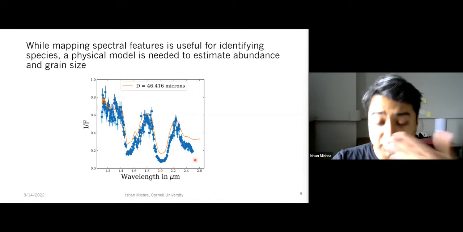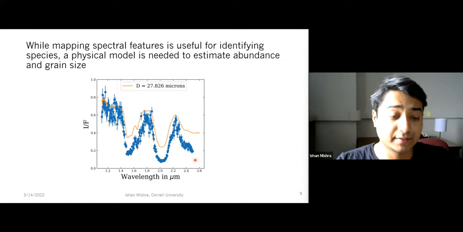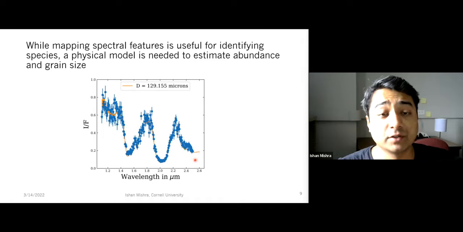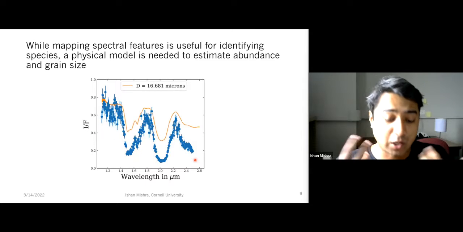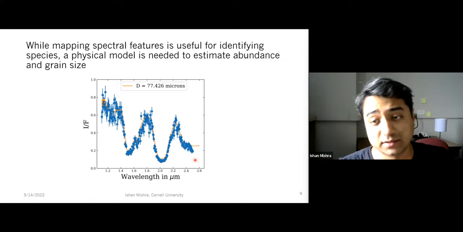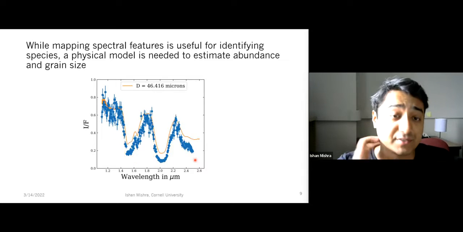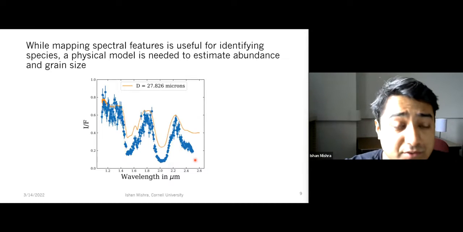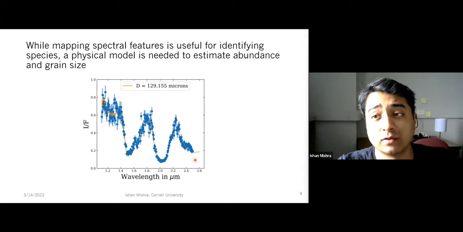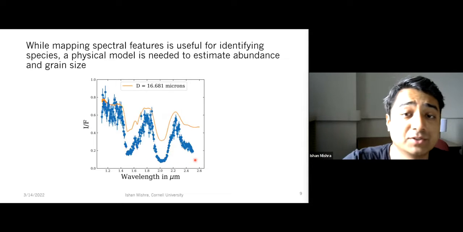And speaking of constraining abundances, once you've detected a species or you have some guesses or hypotheses of what might be present, you want to figure out how much of that species is present, and whether you can also say something about the average grain size and porosity of the surface that you're observing. And for that, you rely on spectroscopic modeling.